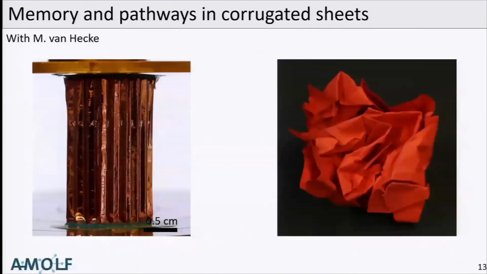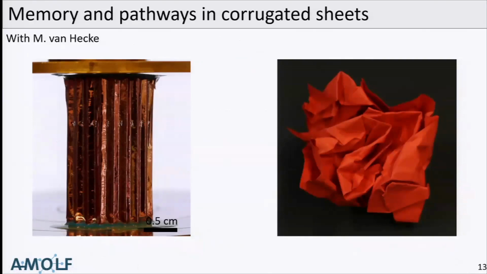Now we're going to switch gears completely and go into the realm of memory and pathways. This is the work I did in Martin van Hecke's team at AMOLF in Amsterdam. And what we tried to do is use the thing you're seeing here, this shiny thing, to study memory effects in materials.